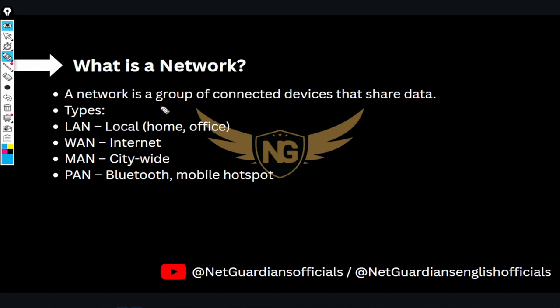Now, how many types of network are there? There are lots of types of network. Like we are seeing here, LAN, local area network, and we can make it a VLAN, virtual. WAN, we can call it a VWAN.